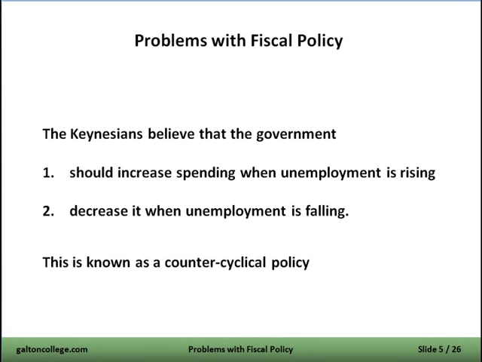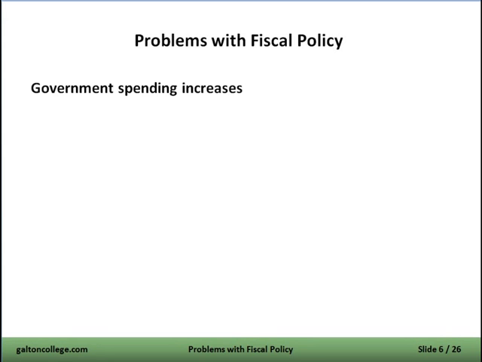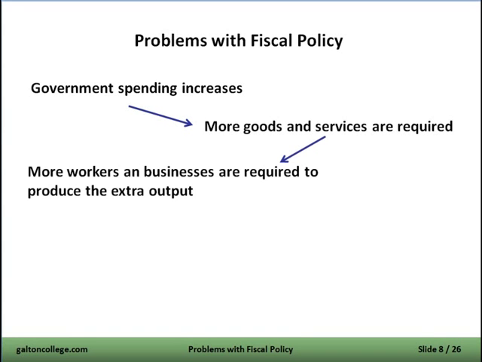Now let's look at the effects of fiscal policy. When government increases its spending, for example, let's take this example, then there are more goods and services required, which means that more workers are required to produce these extra goods and services, which means that unemployment falls.